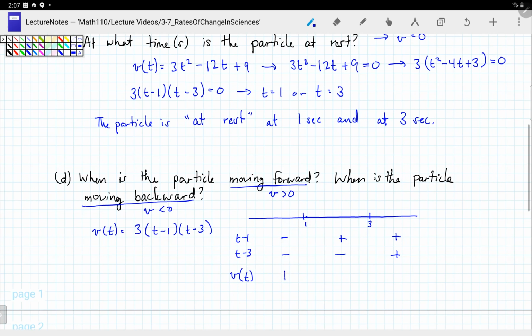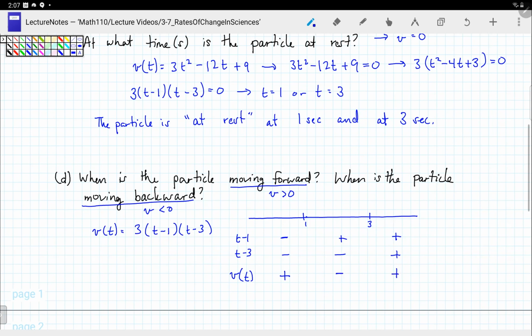So it is overall going to be positive. If t is between 1 and 3, then it's going to be the product of 3 and a positive number and a negative number. So it is going to be negative. And if t is greater than 3, then v is going to be a product of 3 positive numbers. So it's going to be positive.